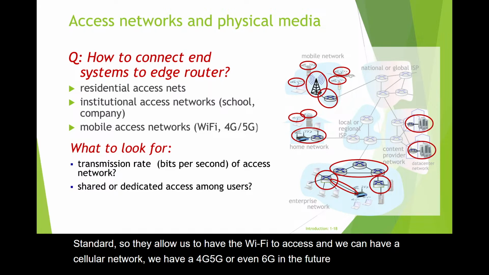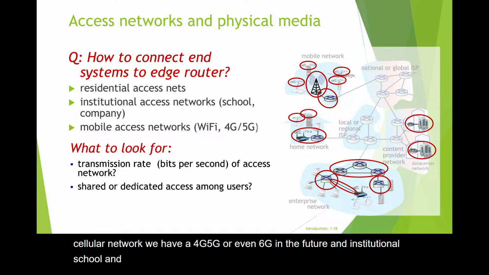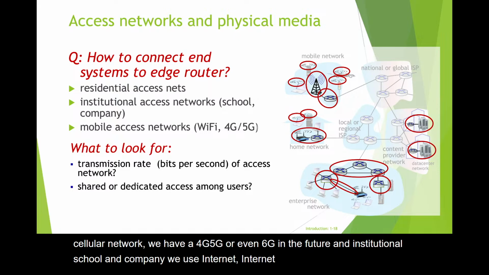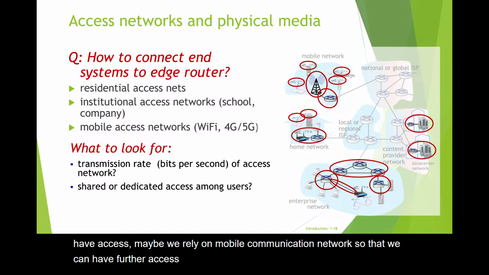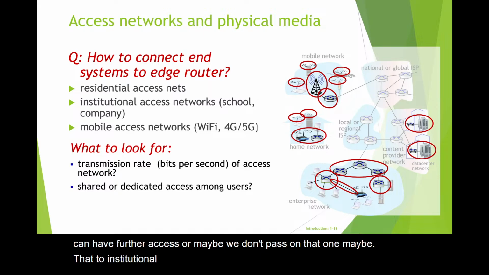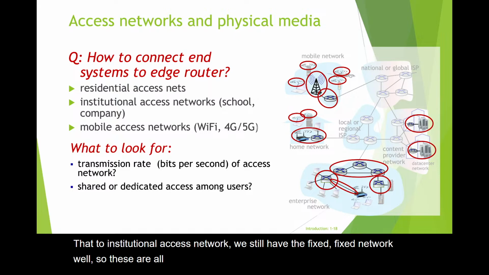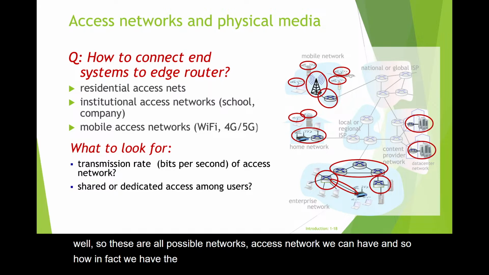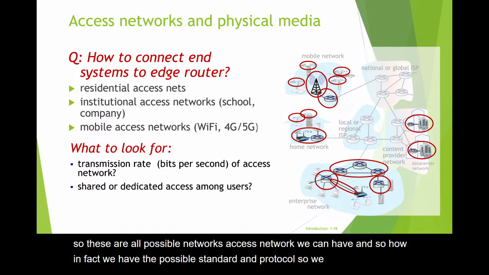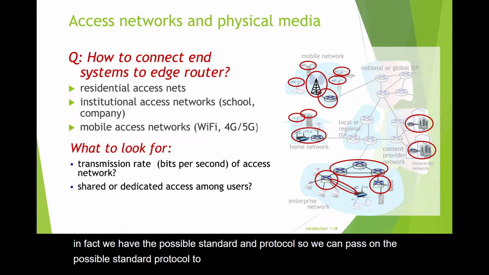For institutions such as schools and companies, we use Ethernet directly. For residential access, maybe we rely on the mobile communication network, or maybe not, and we still have a fixed network similar to the institutional one. So these are all the possible access networks we can have, and we have the possible standards and protocols to access the network.